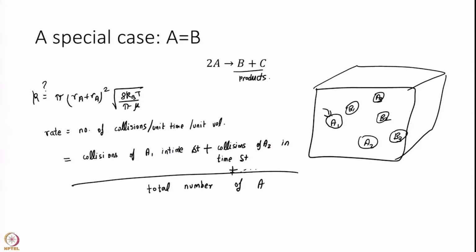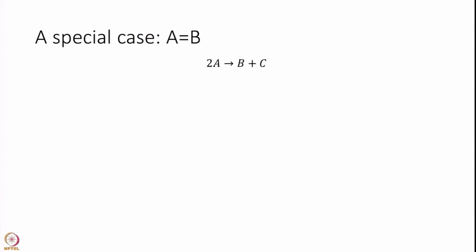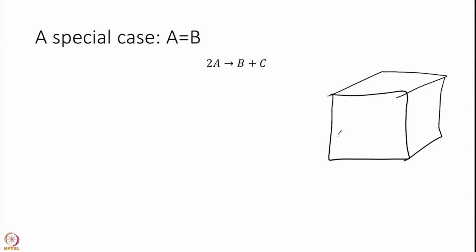Now, let us do the same thing if A is equal to B. You will notice something very interesting will happen now. I had A1, A2, A3 and B is the same, I have A4, A5, A6.